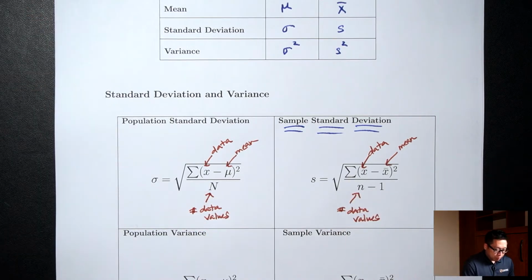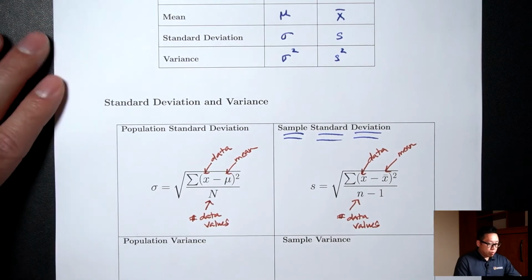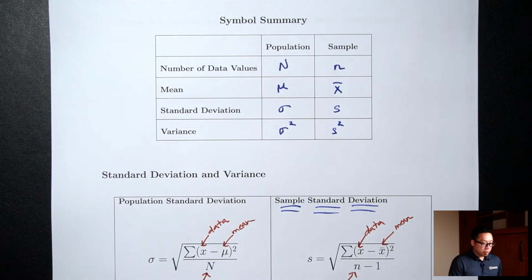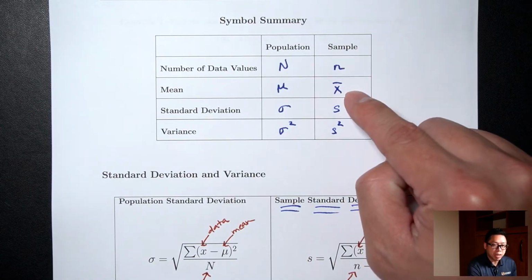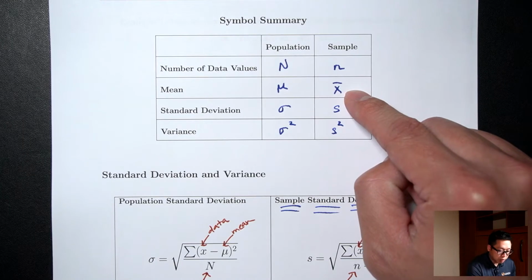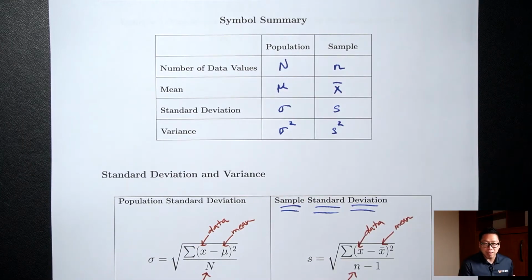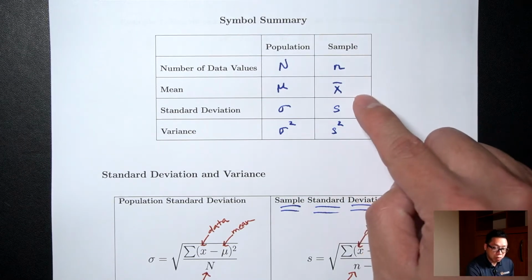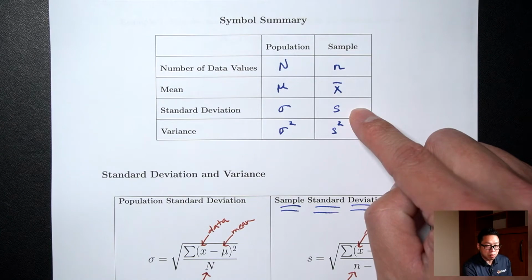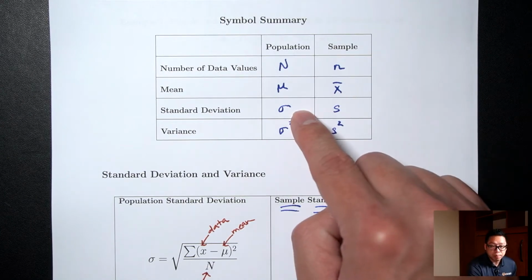Now, why? Remember, the goal of statistics is we want our calculation from the sample to be a good approximation to the calculation for the population. Because we can't get data from everybody in the population, most of the time we're just calculating from the sample, and we want our sample answer to be a good approximation to the population.